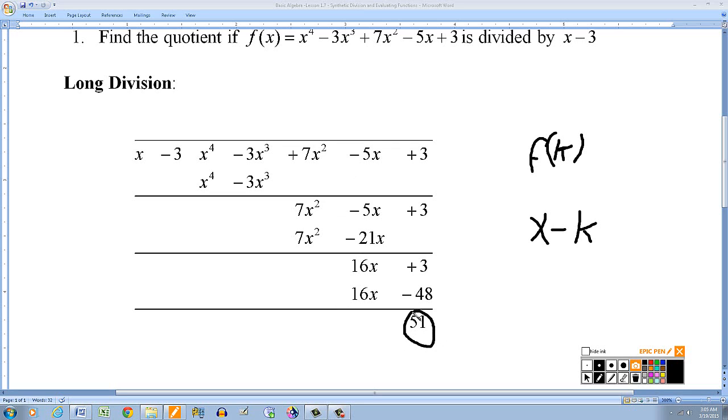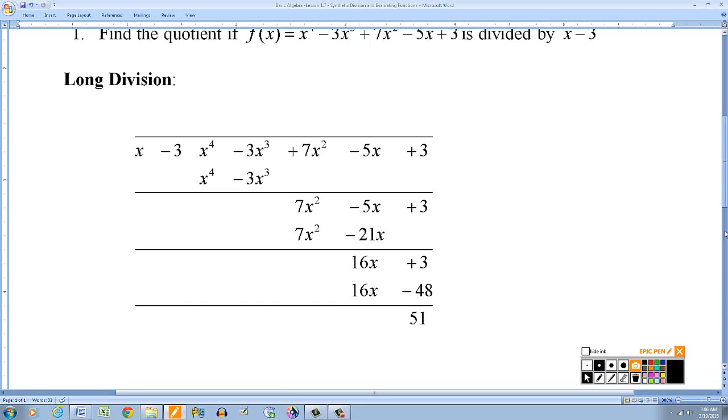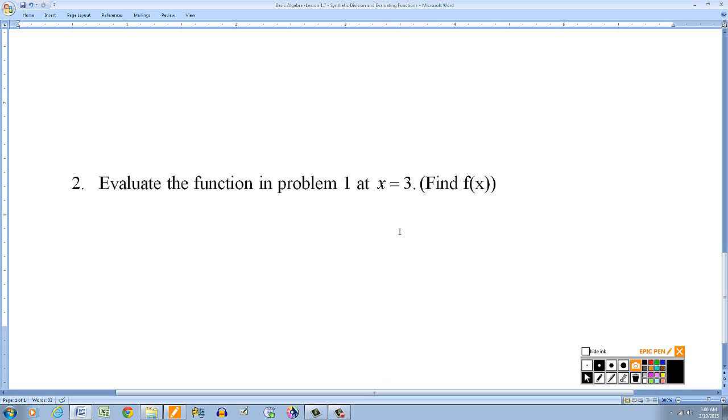Okay, so what we're saying then, in this situation, is that f of 3 is equal to 51.